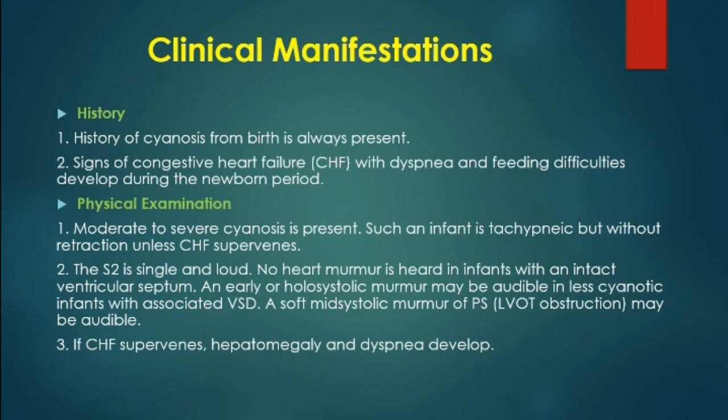Second sound is single and loud with no heart murmurs if the ventricular septum is intact. If there is a VSD, we have the pansystolic murmur of the VSD. If we have left ventricular outflow obstruction, there is the ejection systolic murmur of the pulmonary stenosis. If the patient develops congestive heart failure, we can have dyspnea and hepatomegaly.